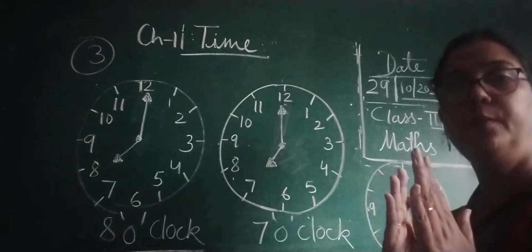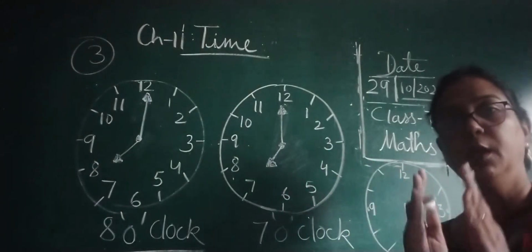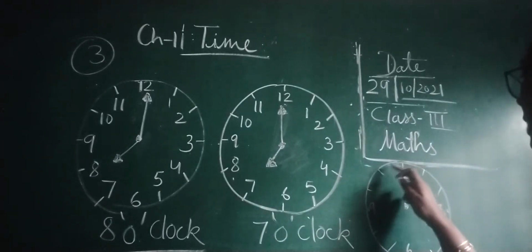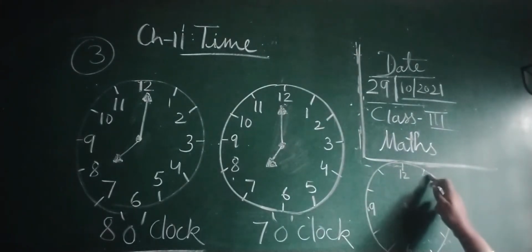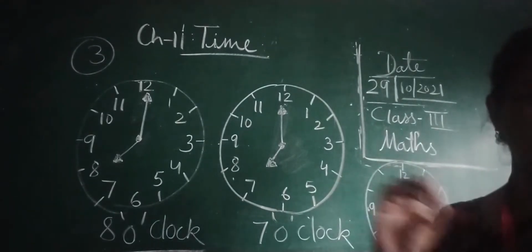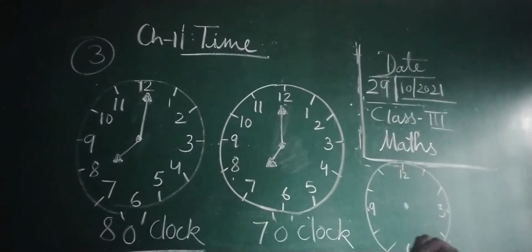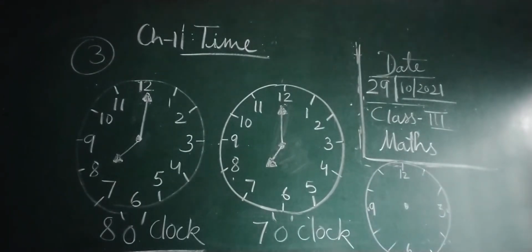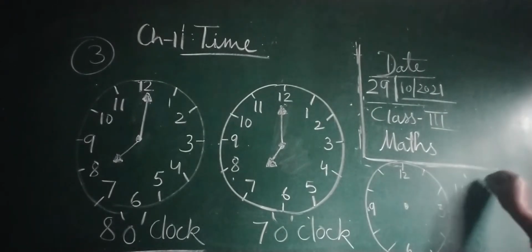But the difference between these, you have to count 5 minutes. 5 minutes you have to draw. You just draw the small lines also, so you can easily understand. Here we have to show 11 o'clock.